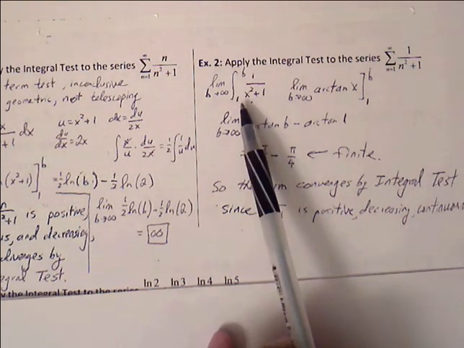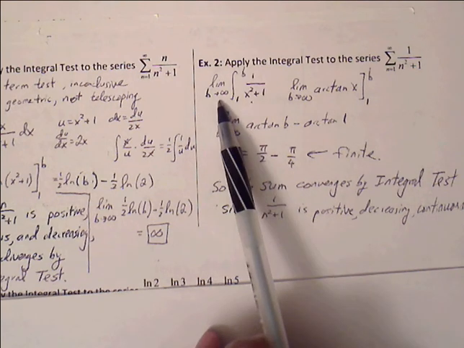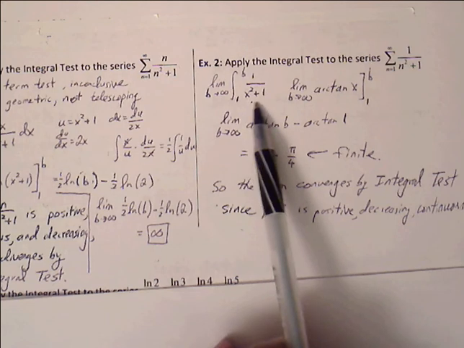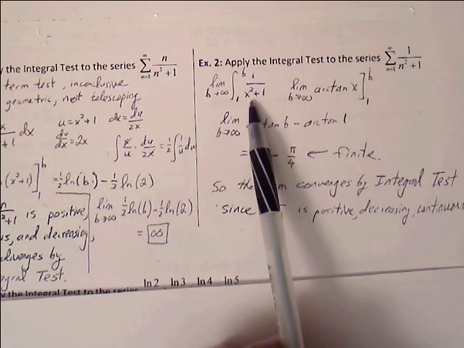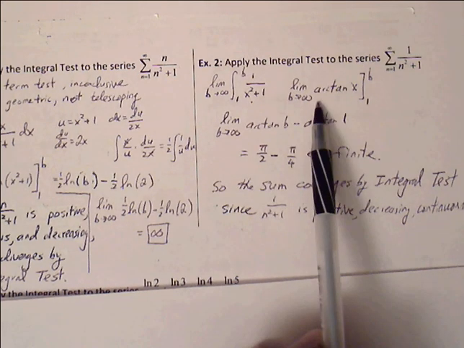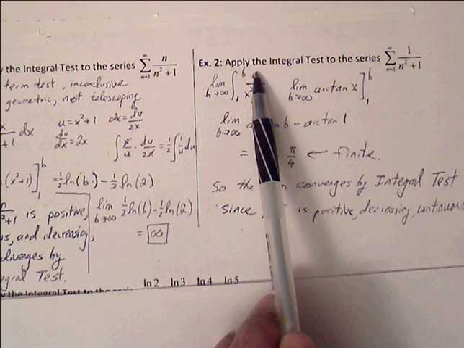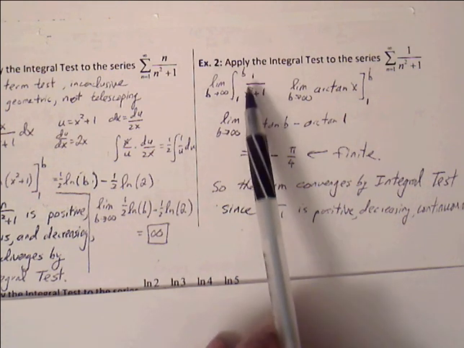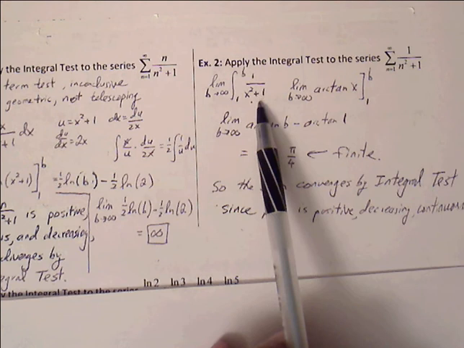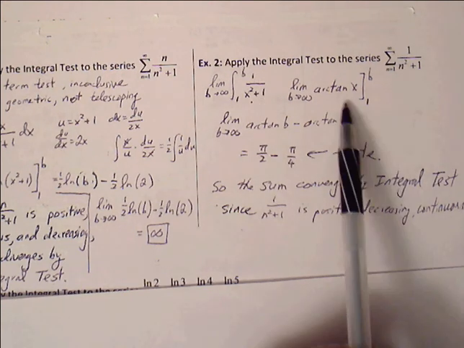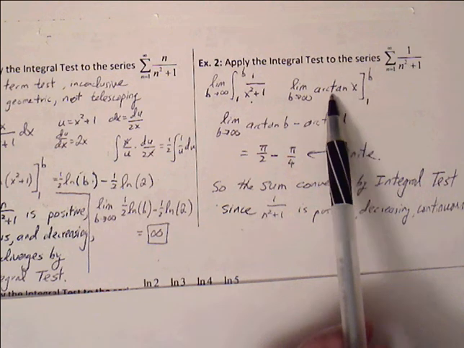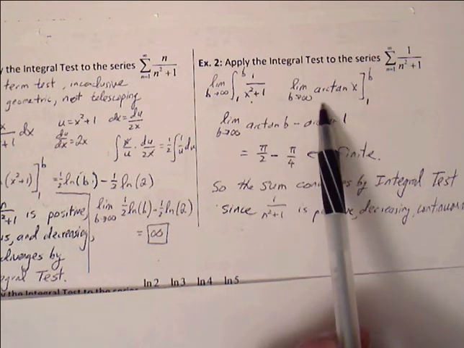So we find the integral from 1 to b as b approaches infinity. We can't go through u substitution, but this is a rule where we can apply the arctangent. Arctangent applies to the form u prime over u squared plus a squared. And arctangent of x over 1 is the integral of 1 over x squared plus 1.